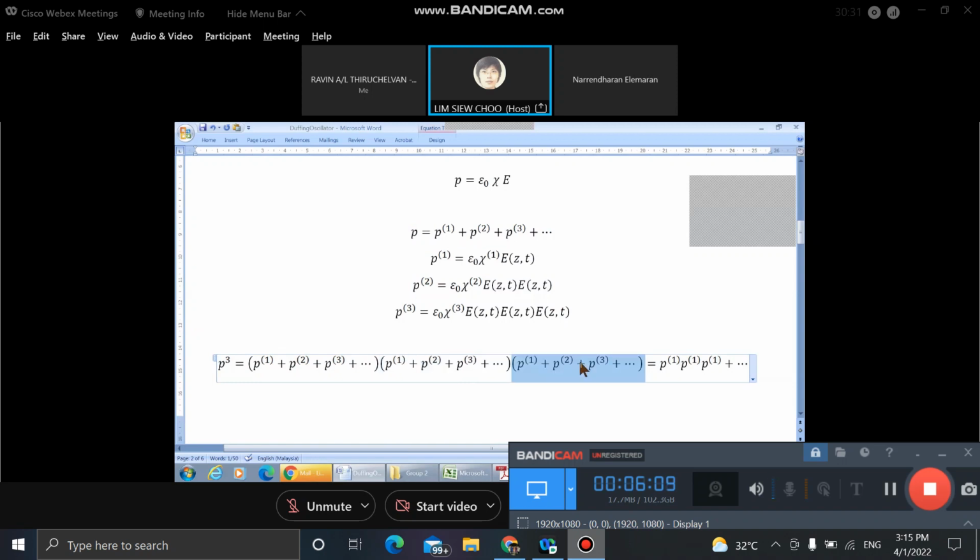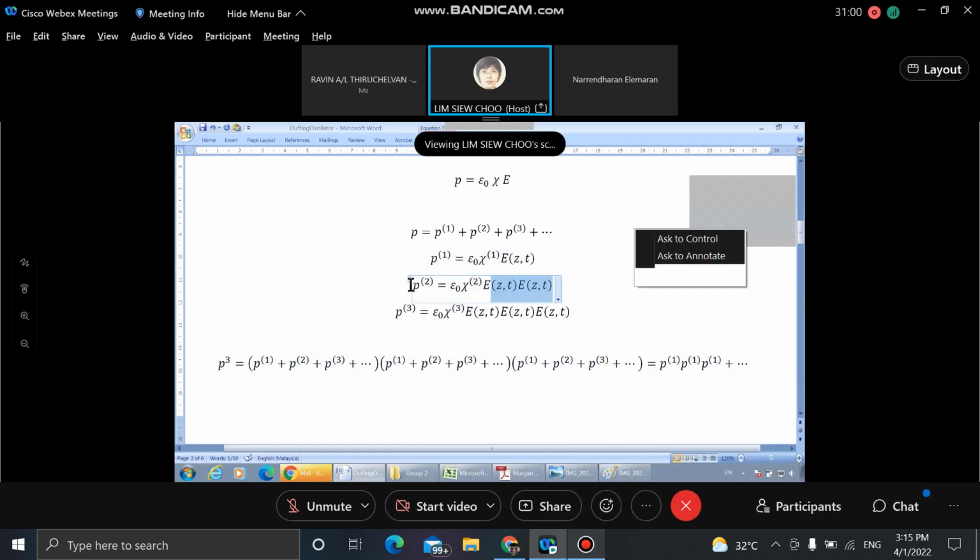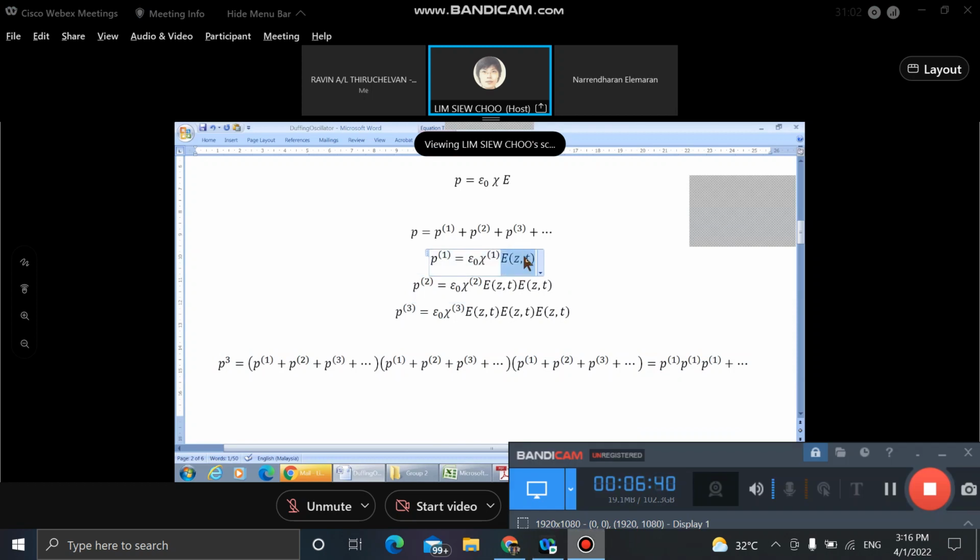But we want just up to third order terms. The third order term from these products is P1, P1, P1. Because you have many combinations, you can have P1, P2, P1. But in P1 you have one E, in P2 you have two E's. So if you have P1, P2, P1, you have E to the power of 4.